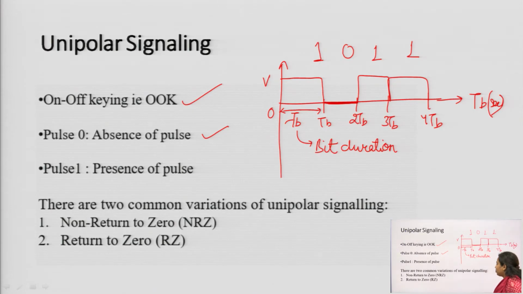Now, there are 2 types of variations of unipolar signaling. First one is non return to 0, second one is return to 0. What is non return to 0? Non return to 0 is denoted by NRZ. In case of this non return to 0, this is the half bit duration, this is the half bit duration, this is the half bit duration, this is the half bit duration.